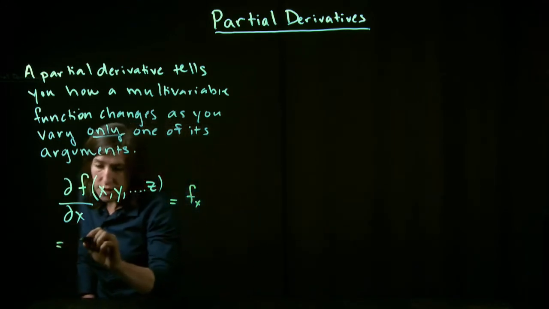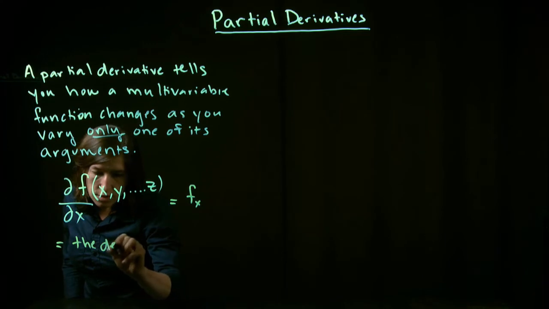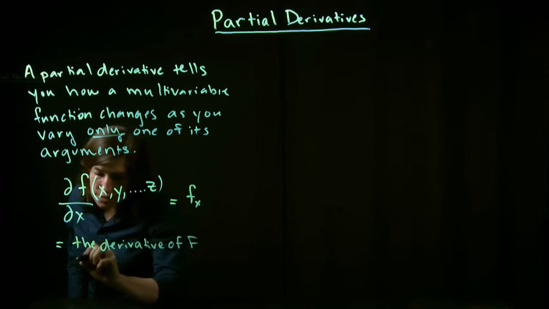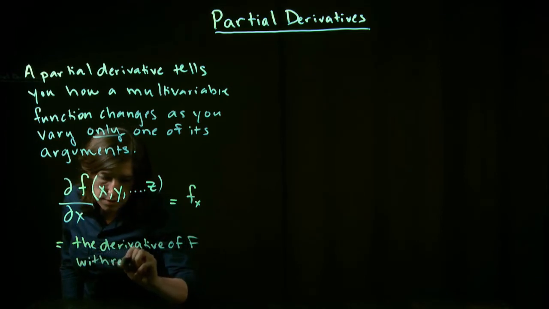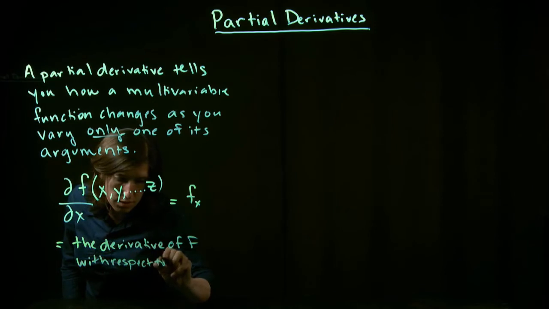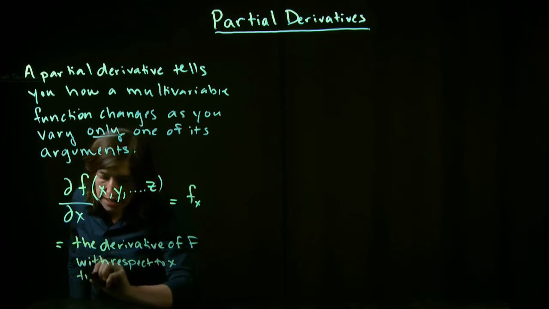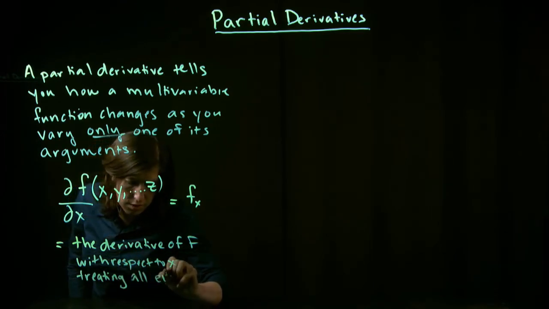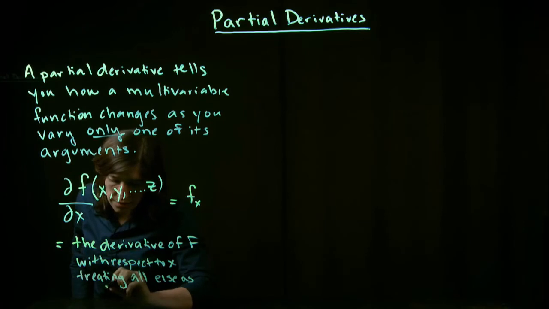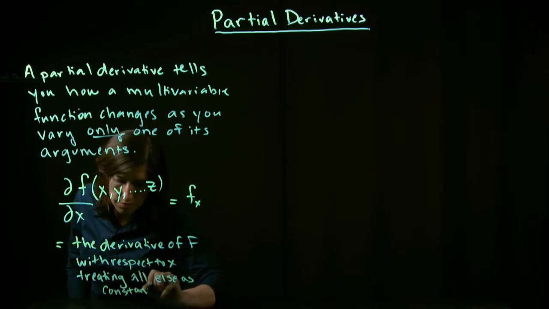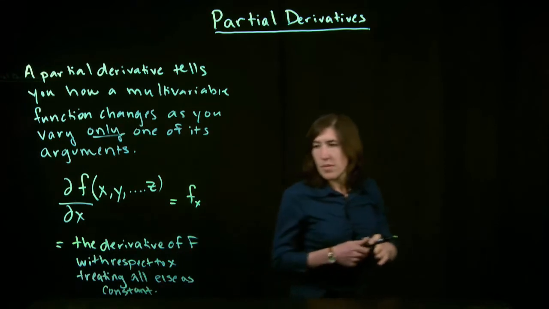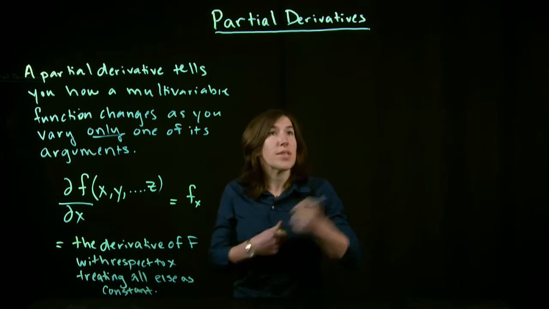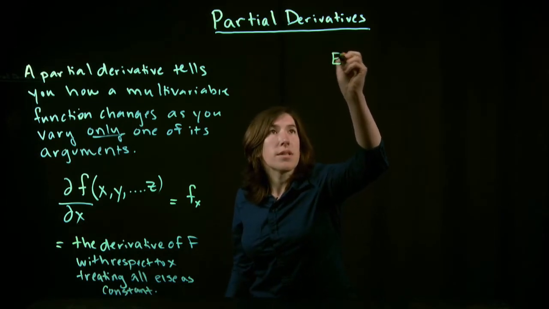Well, really, it's just the derivative of f with respect to x, treating all else as constant. So I think the easiest way to see how this actually works in practice is to do some examples. So let's consider some examples.